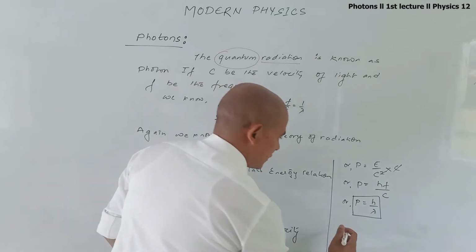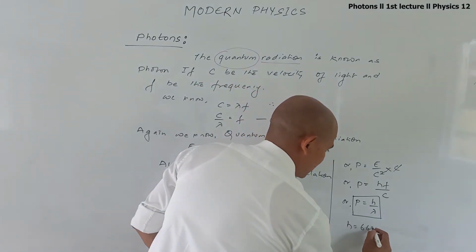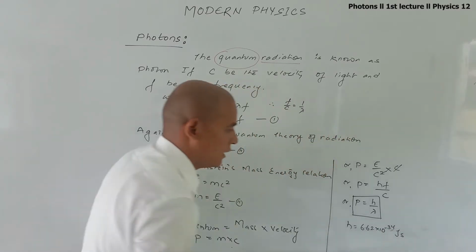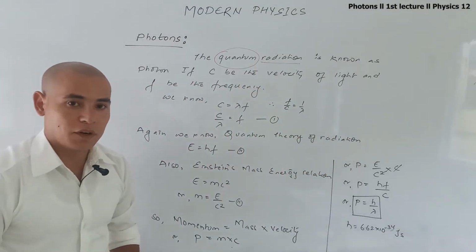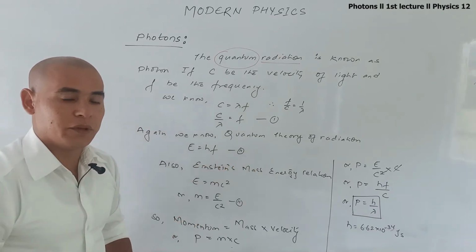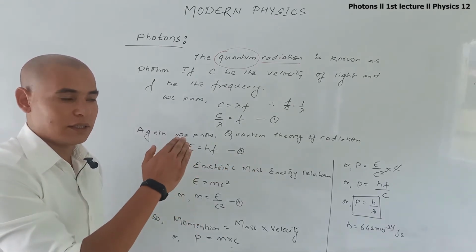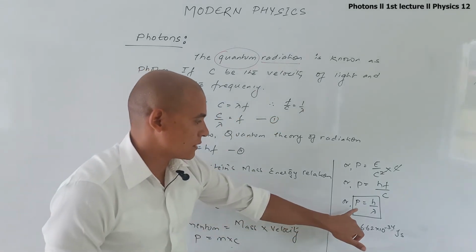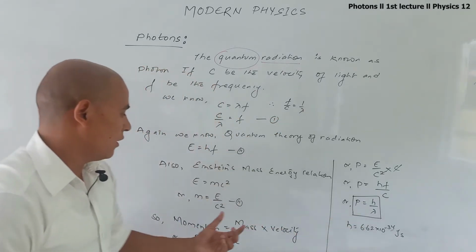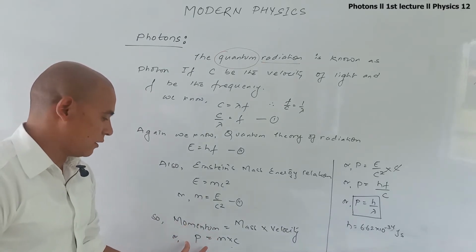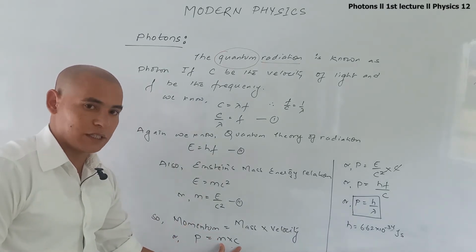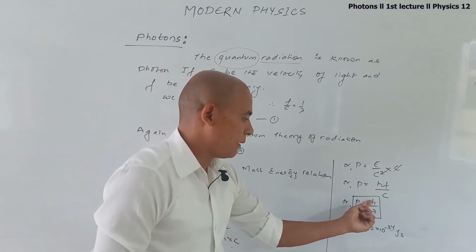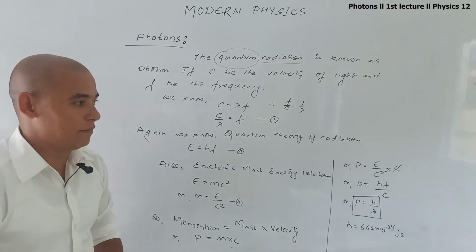The value of h is 6.62 into 10 to the power minus 34 joule second. So when the radiation is moving in the form of a wave, it also has momentum. The momentum of a particle is mass times velocity, whereas the momentum of the wave is equal to Planck's constant divided by wavelength.